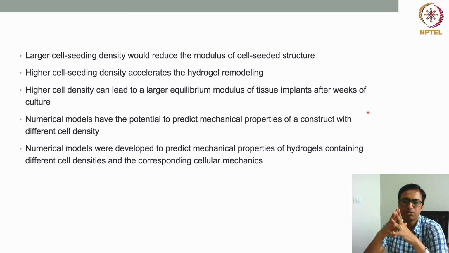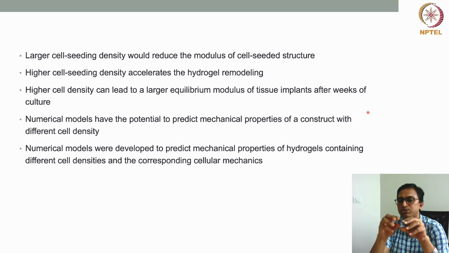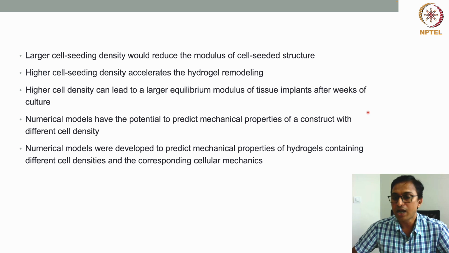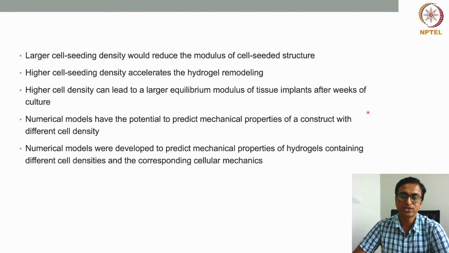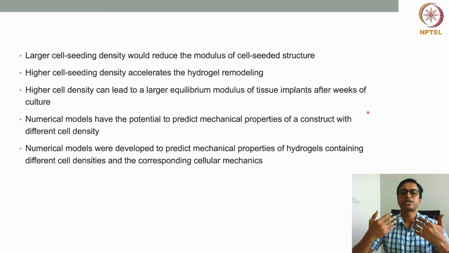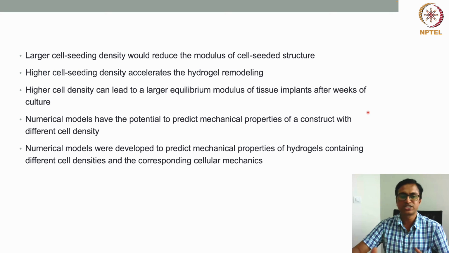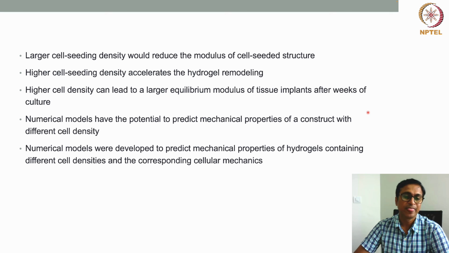And there are numerical models that can predict the mechanical properties of a construct with different cell densities. If you prepare structures with different cell densities and mature them, the effect of the different cell densities upon weeks of culture can be predicted.